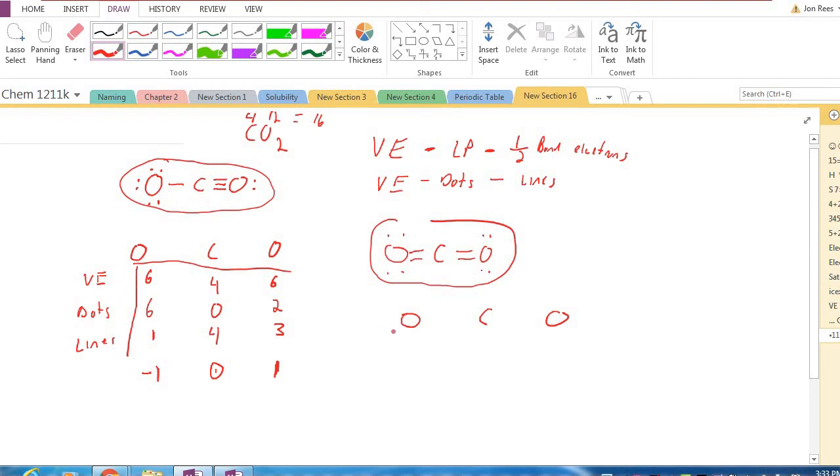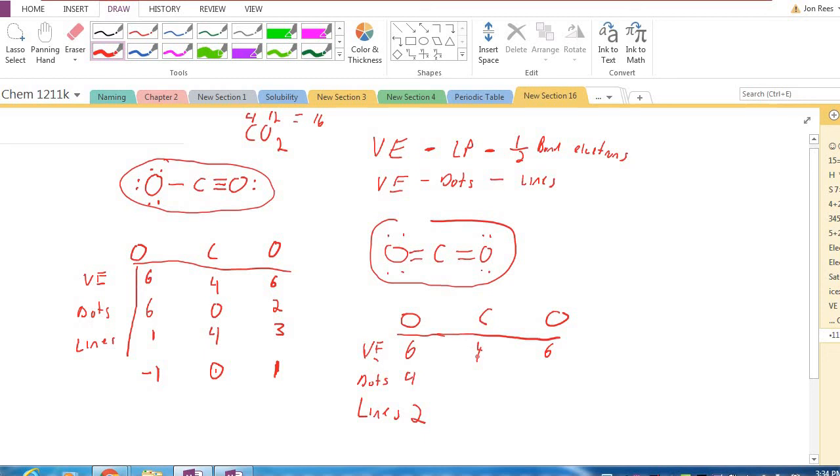Let's go ahead and do our little table like we did before, where we have the number of valence electrons, the dots, and the lines. For the oxygen on the left, the number of dots are 2, 4. There are 4 dots. Let's kick in our valence electrons here. The number of lines is 2.